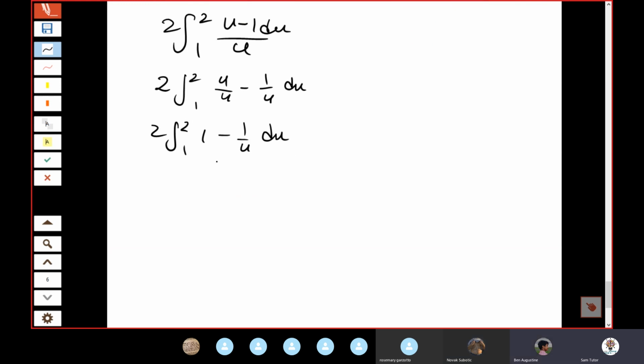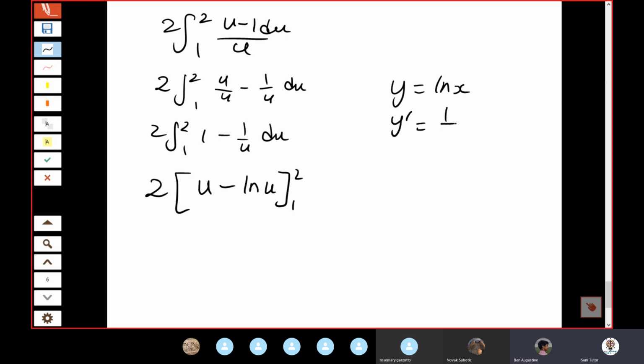All right. So, 2, we're leaving on the outside. The integral of 1 is just u. The integral of 1 on u is log u, right, you guys? Because remember, when we had y equals ln x, we wrote y dash is 1 on x.